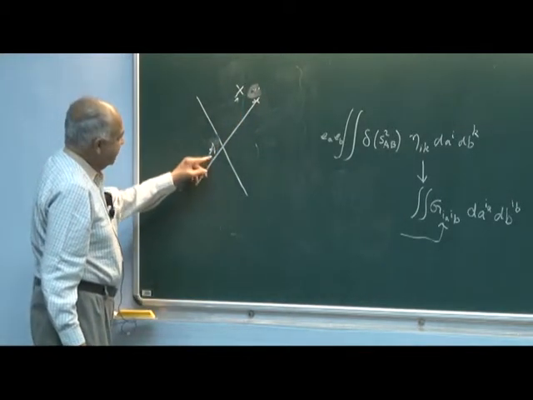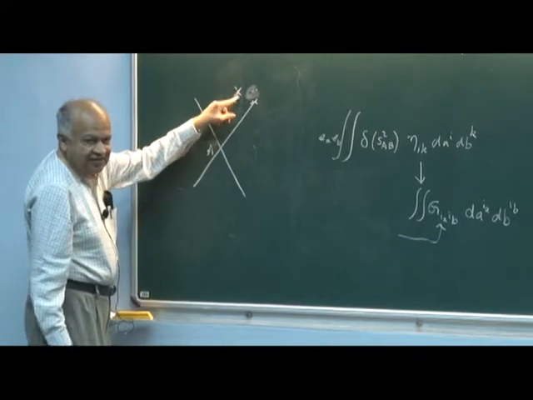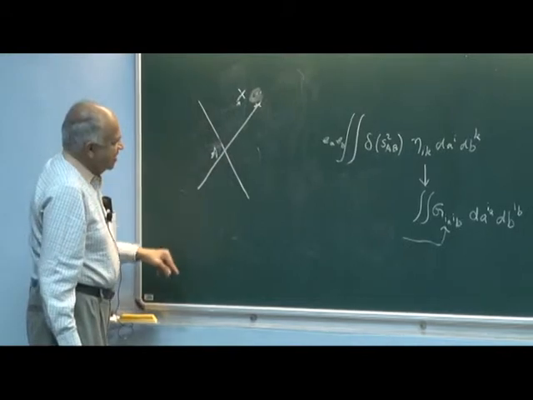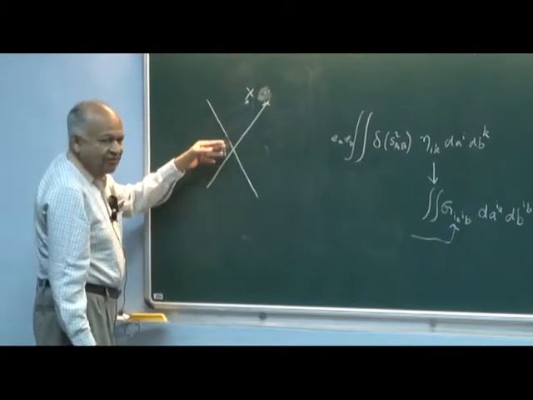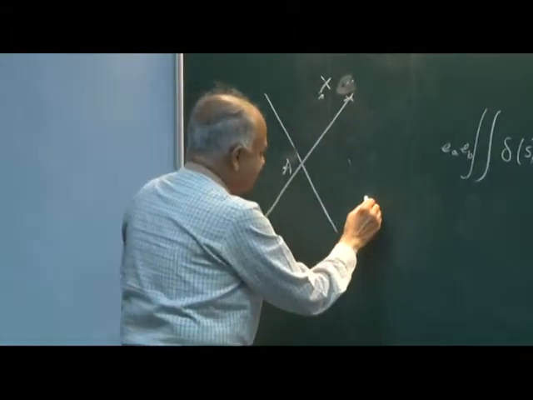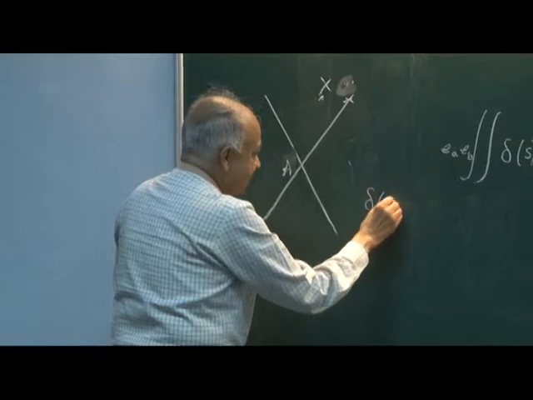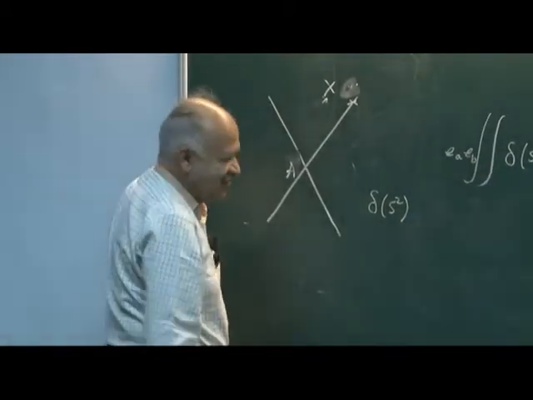So the Green's function will be defined as a vector at each point x and a, and when you ask what is its functional form, this can be shown in general that it is made up of a delta function, delta s square that we were looking for in the first place.